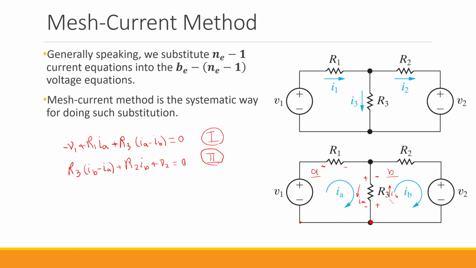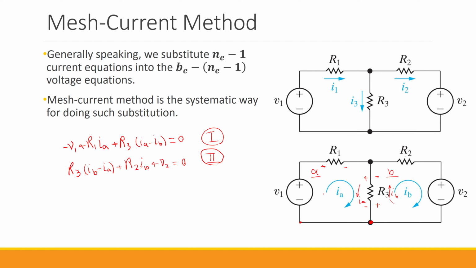So to recap, we find all the meshes in our circuit. For each one of them, we define a representative current. That representative current only exists on the perimeter of the mesh, so it's not necessarily a branch current. For some of the elements, it can be a branch current, but that's not necessary.